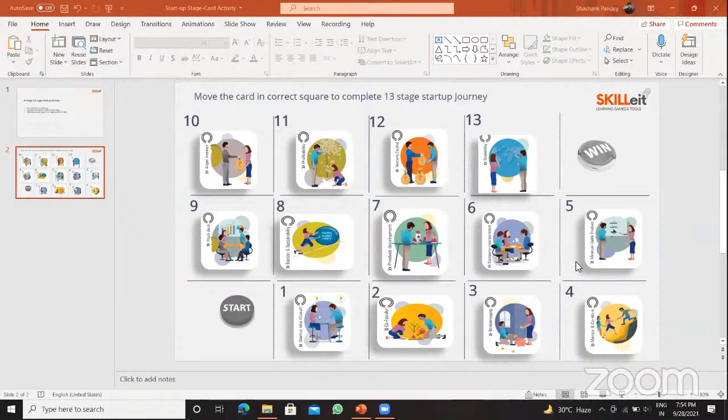Fifth is minimum viable product. A minimum viable product is basically a product which is ready to use with very limited development, meaning a customer can use that particular product and give feedback to the producer. Sixth is company incorporation, that is company formation, registration, policy formalities.